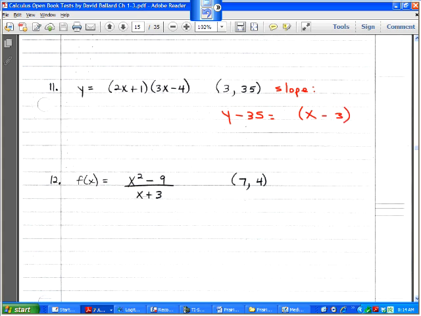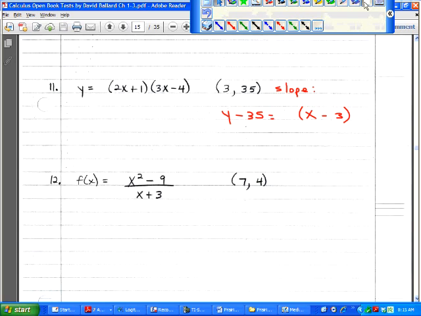So we realize that what we need is the slope of the tangent to that curve at that point. Now, we can solve number 11 using the product rule, or we could distribute and come up with a polynomial, and use the sum or difference rule. Let's go ahead, just for the sake of practice, and use the product rule here.